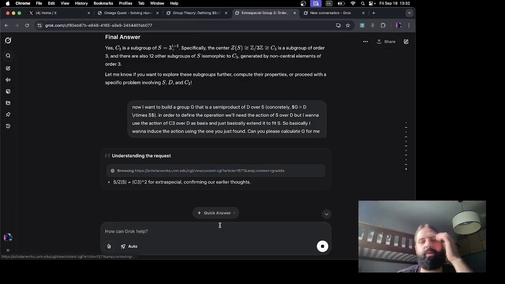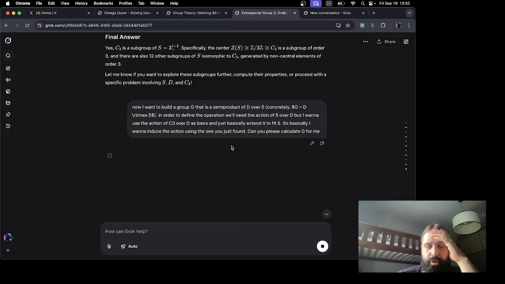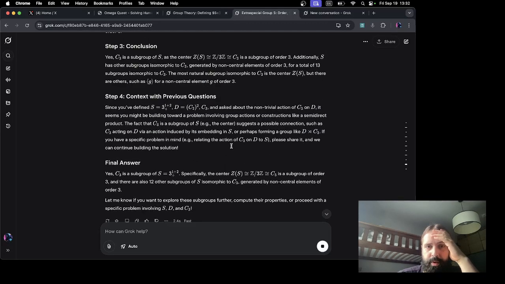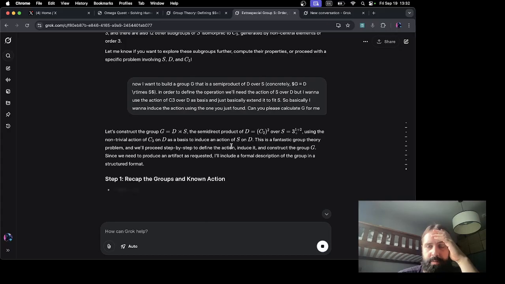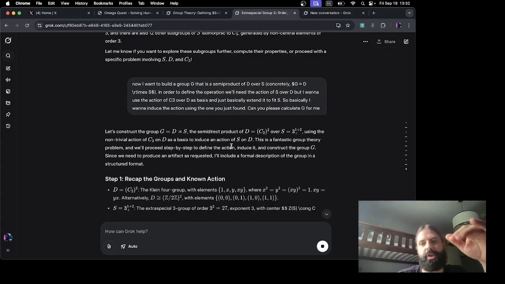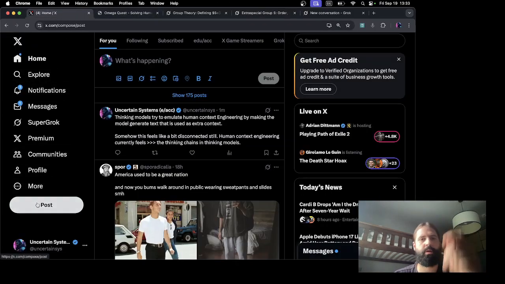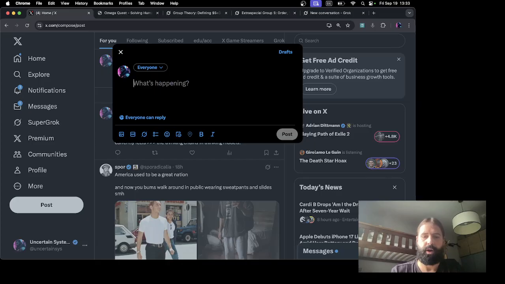For some reason it went with that. Let me switch to quick, because I have the feeling it thinks better. For context engineering you do not want thinking models. If you are just doing context engineering, do not use thinking models.